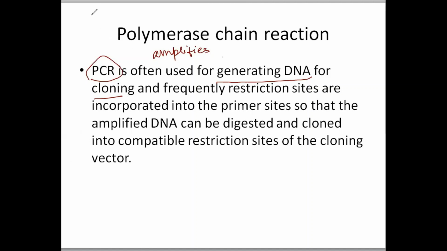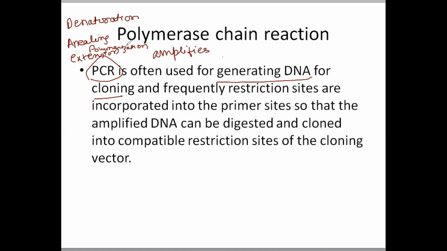PCR has three main steps, as most of you might know. It is denaturation, with initial denaturation and final denaturation, then annealing, in which the DNA binds to the primer, and then extension, polymerization and extension. This needs particular temperatures.